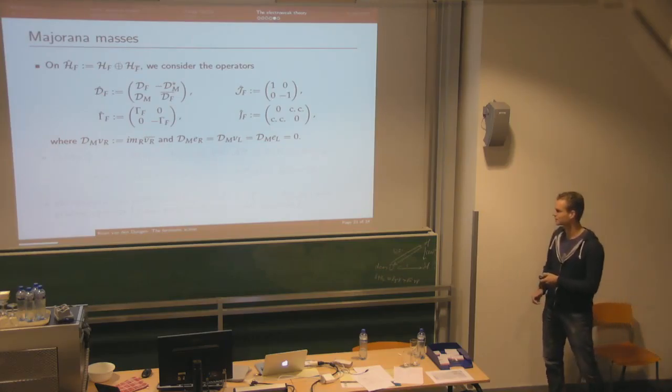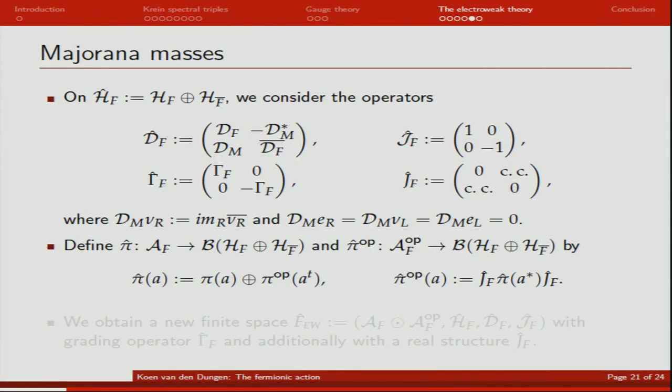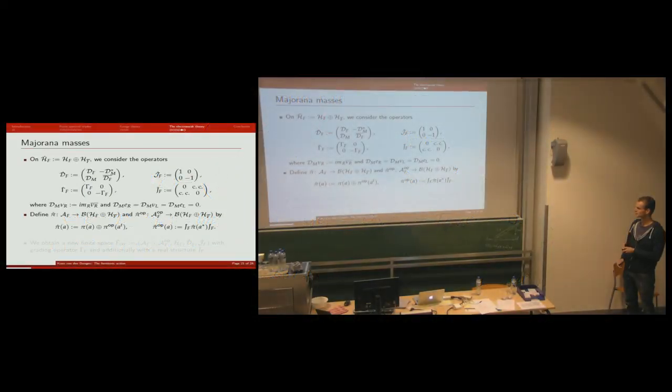All right. So now we will see how the representation and the opposite representation correspond with the real structure as well. I define a new representation on the doubled space just by the representation I had before on the particles. But on the antiparticles, I use the opposite representation of the transpose.